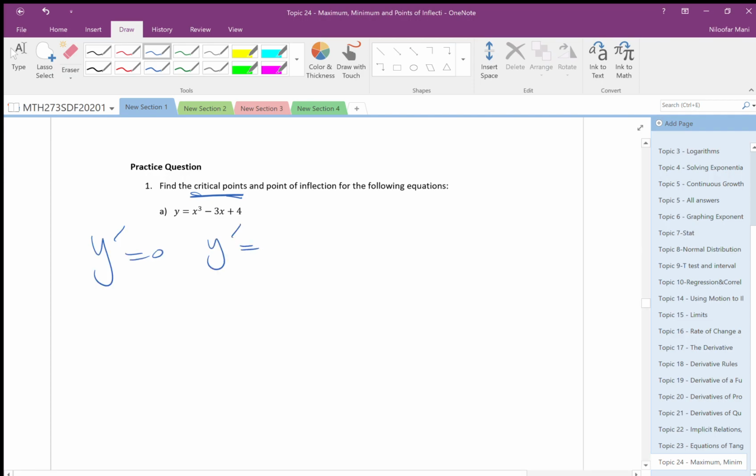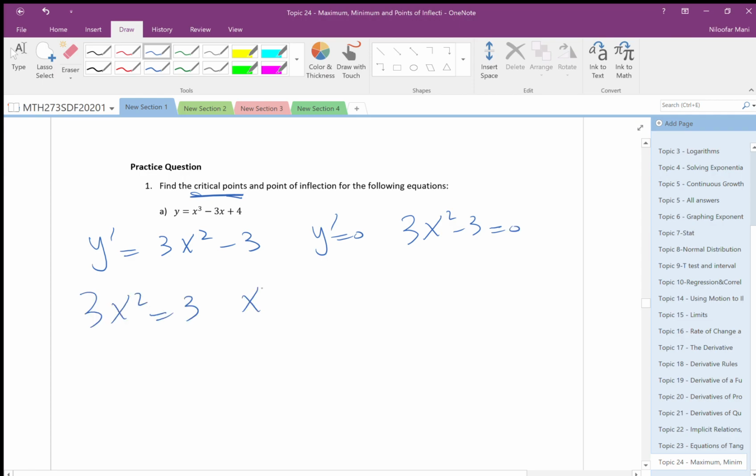So the first derivative equals 0. The first derivative is 3x squared minus 3. y prime equals 0, so 3x squared minus 3 equals 0. So 3x squared equals 3, x squared equals 1, x is plus or minus 1. For x equals 1, y is 1 minus 3 minus 2 plus 4, which is 2.